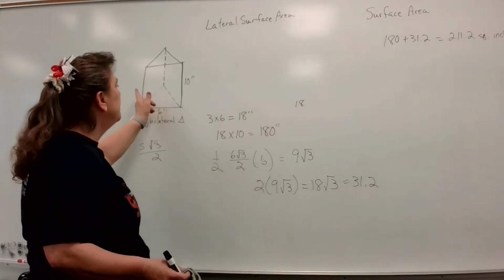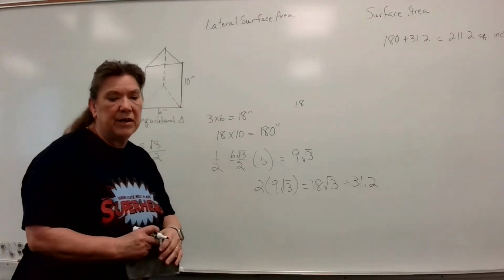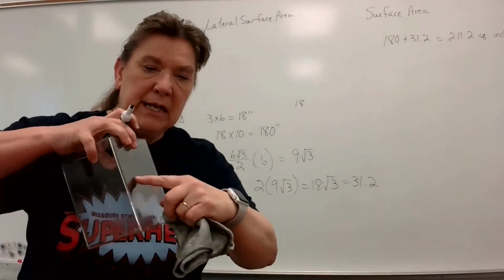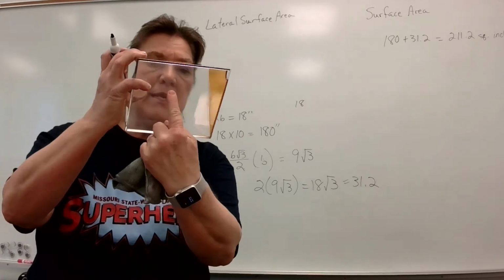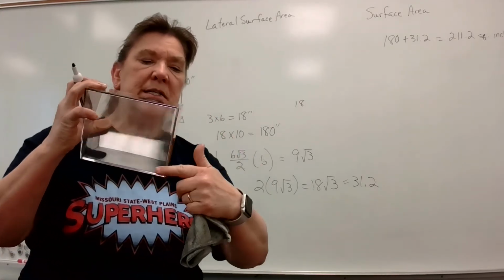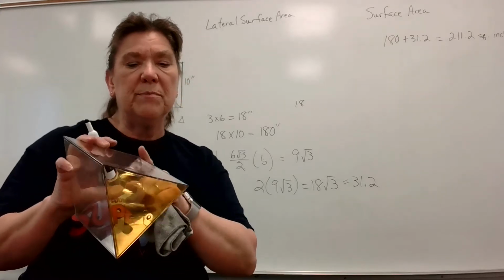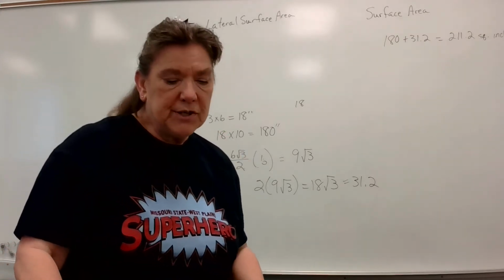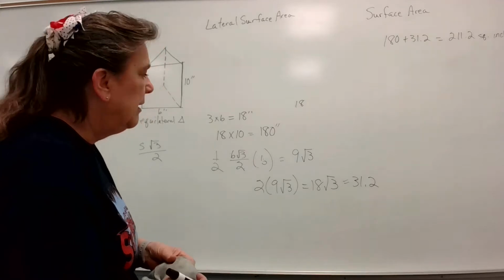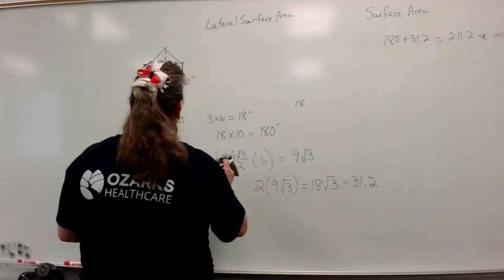So it's easier to do your lateral surface area instead of looking at each surface and calculating each surface. It's easier to look at the perimeter of the base of the object, multiply it times the height, and you've got your lateral. Okay, so that's a good thing about a lateral.